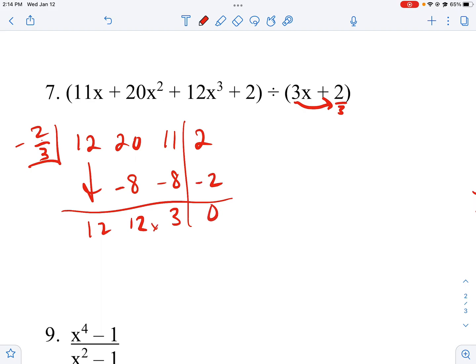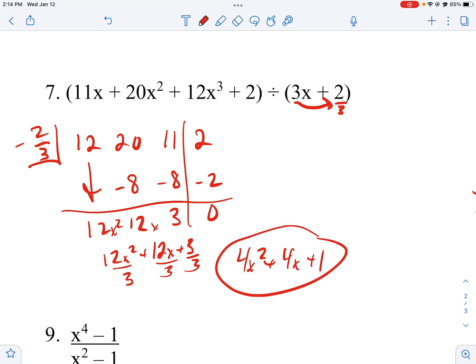That goes 0, so that's my x squared. 12x squared plus 12x plus 3, but I needed to have divided everybody by 3, so it's actually 4x squared plus 4x plus 1. That's what you should have gotten in the long division. So that's the trick whenever it's an ax minus k.